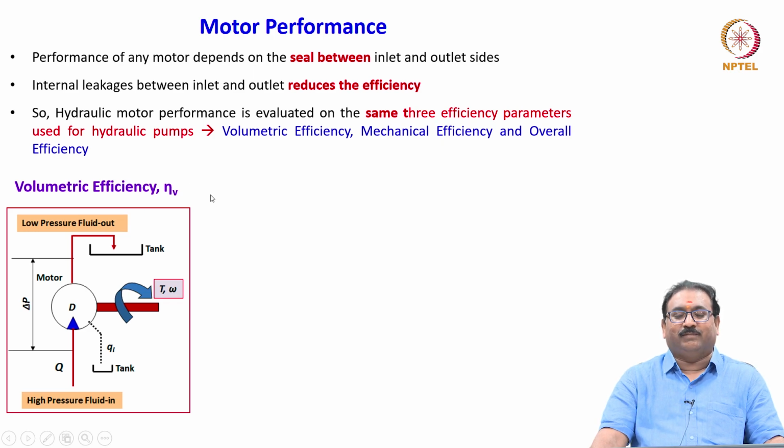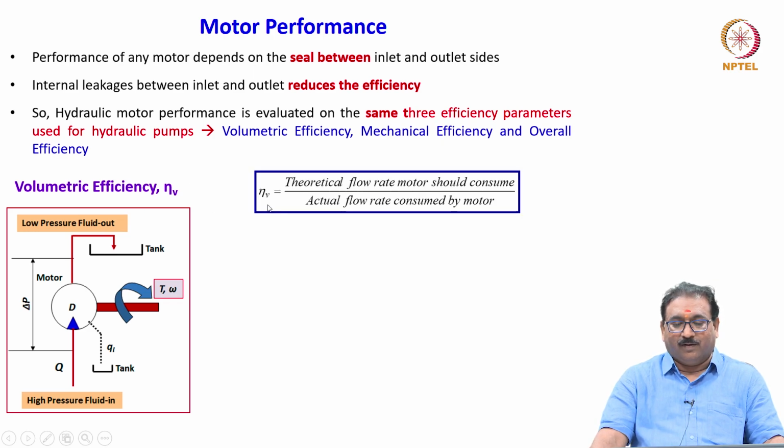Volumetric efficiency is the ratio of the theoretical flow rate the motor should consume divided by the actual flow rate consumed by the motor. It is given by Q theoretical divided by Q theoretical plus leakage, where Q theoretical is D into omega, divided by Q actual.